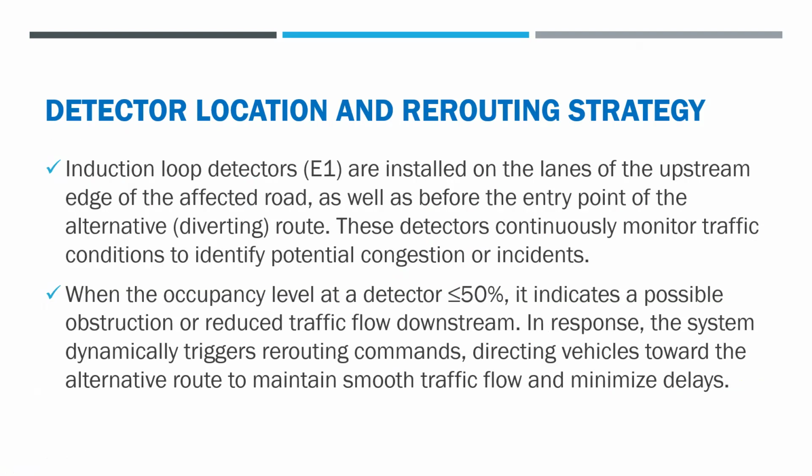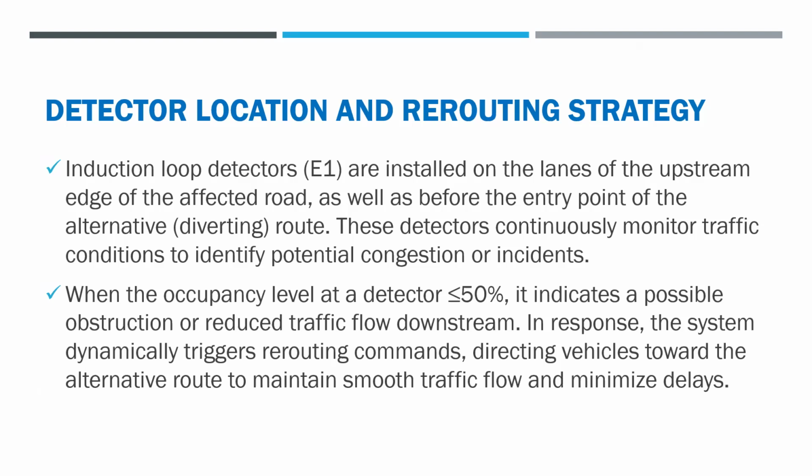For detector location, I use E1 induction loop detectors, installed in each lane of the upstream edge of the affected road. It is also located just before the entry point of the alternative route. Otherwise, it's not possible for vehicles to take the decision to go to the alternative route.